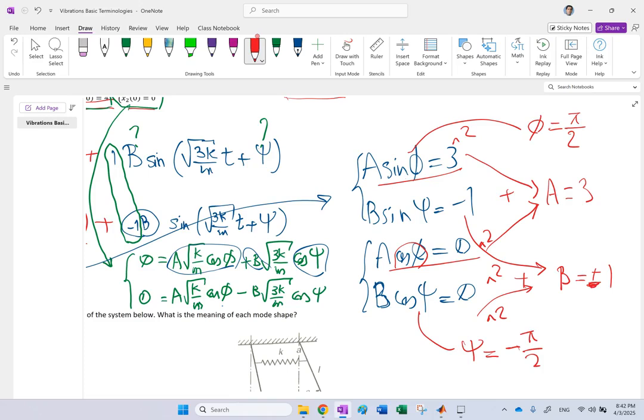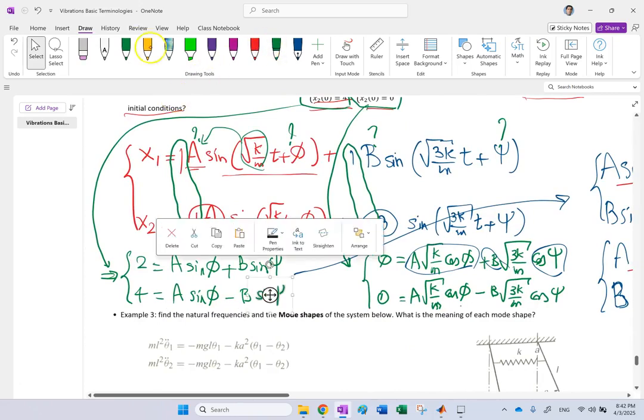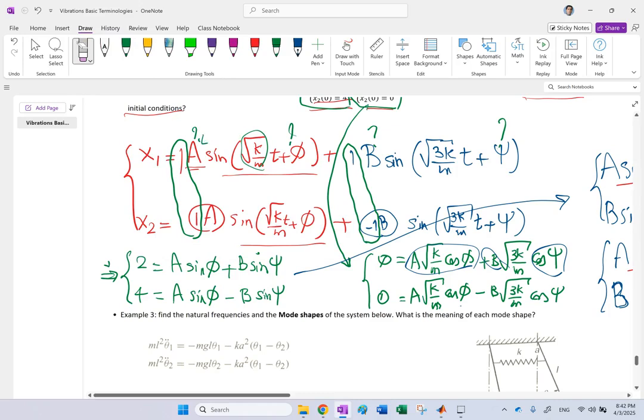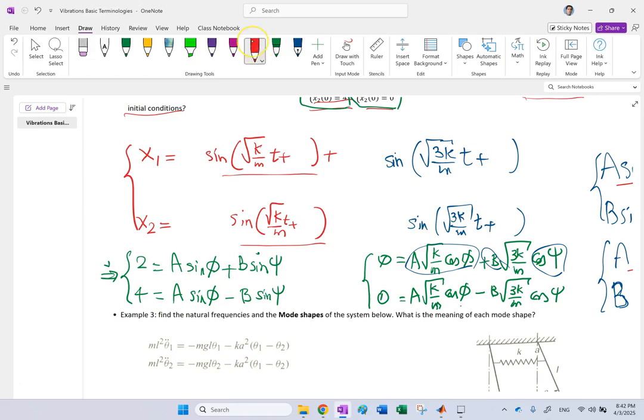Okay, so your solution is going to be, if you want to find the solution and write it all down, there we go.